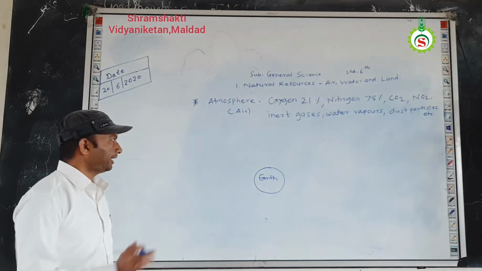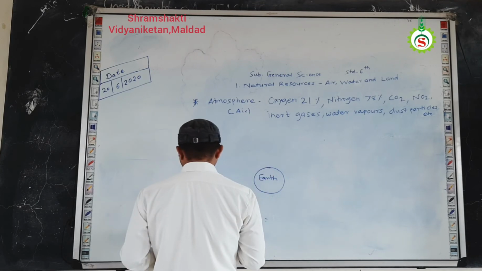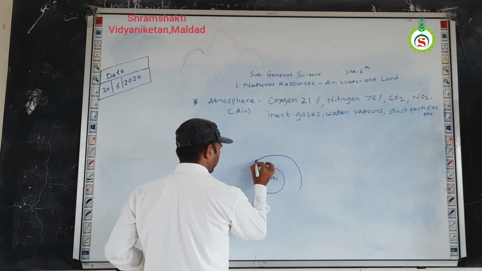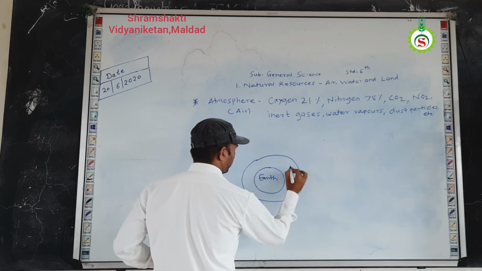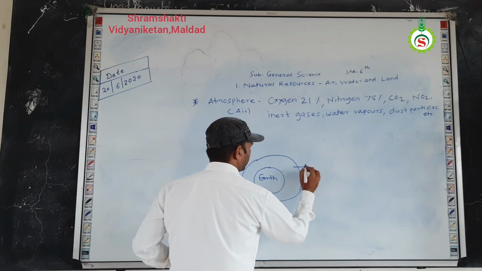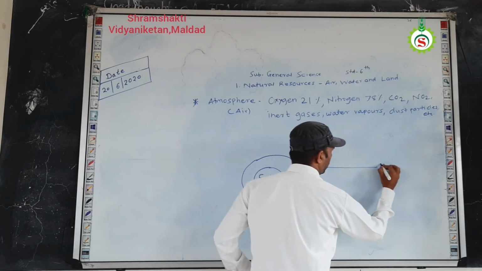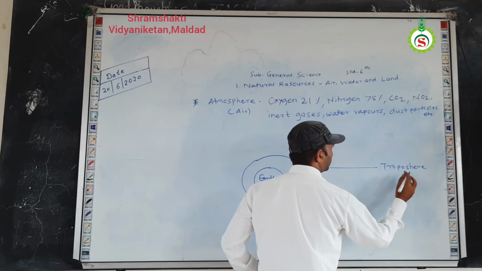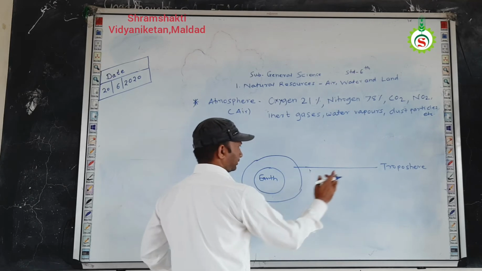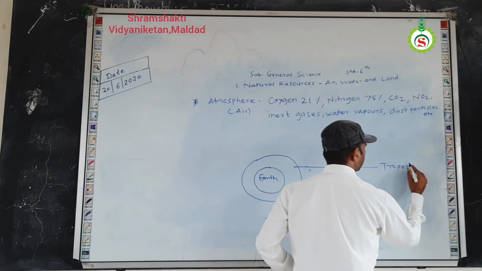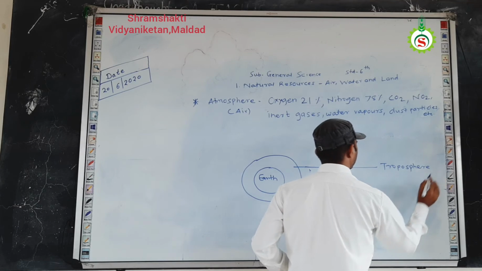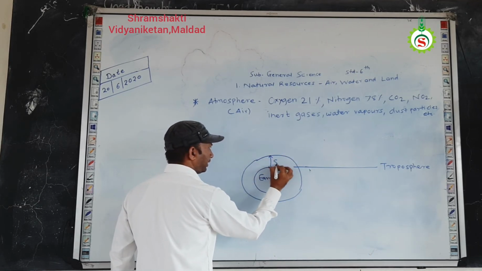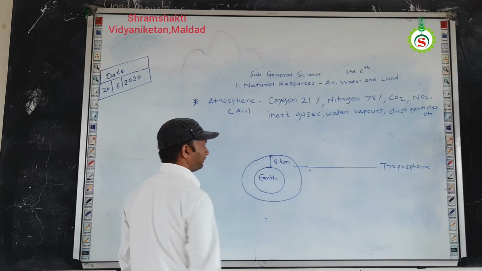5 layers are there. The first layer of the atmosphere is called troposphere. It extends about 8 kilometers from the Earth surface.